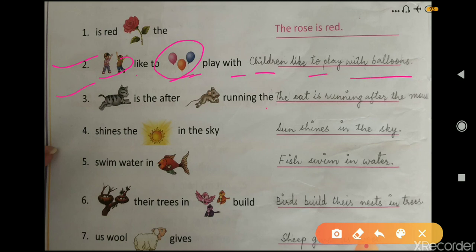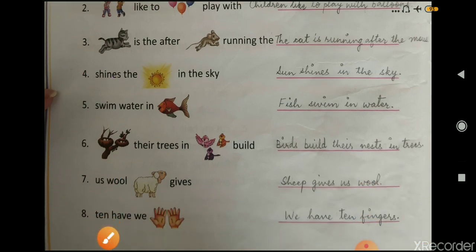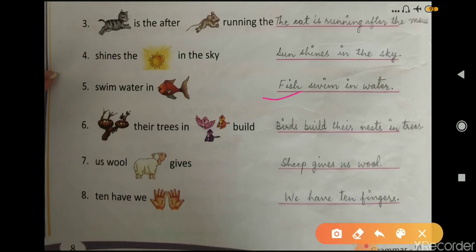Third, the cat is running after the mouse. Fourth, shines the, this is sun, in the sky. So the sun shines in the sky. Fifth is fish swim in water. Sixth, birds build their nest in trees. Okay. Seventh, sheep gives us wool. Eighth, we have 10 fingers.